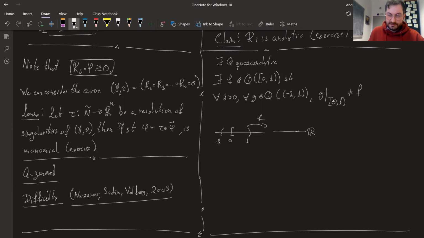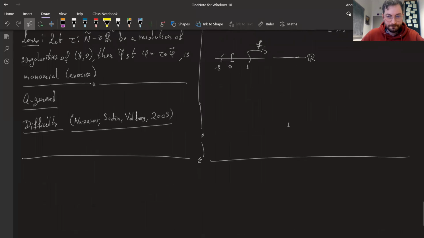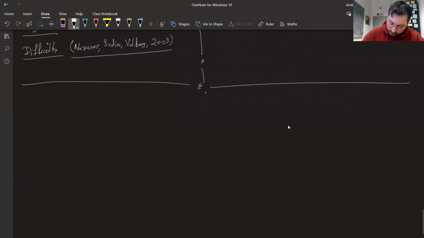So why does this difficulty create a big problem for us in the quasi-analytic case? Let me go to an example, and I would like to have space. I'm going to use this function f in the next case. It's simple.